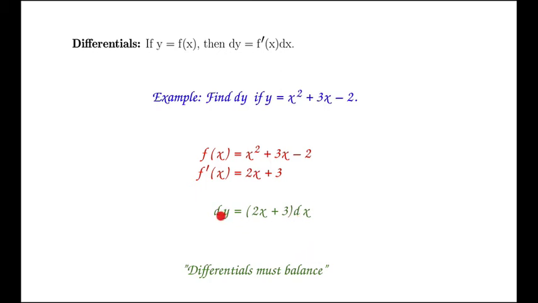So we say dy, this infinitesimally small quantity, is equal to this scalar times dx, this infinitesimally small quantity. So this is an equation about infinitesimals. We're saying for y equals f of x, an infinitesimal change dy is related to an infinitesimal change dx by multiplying dx by the derivative 2x plus 3.